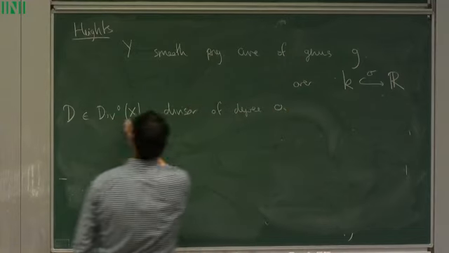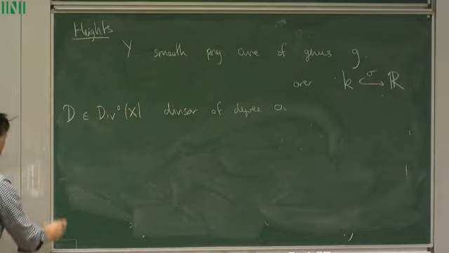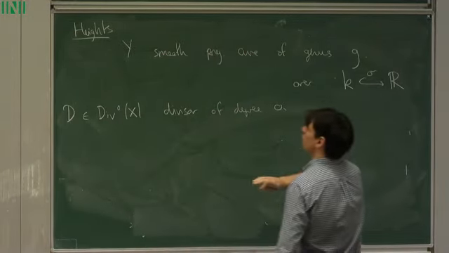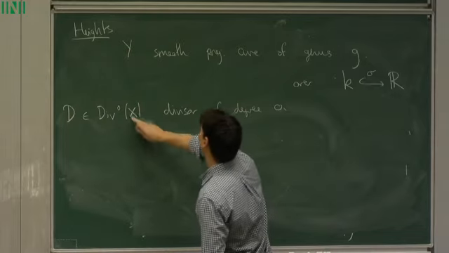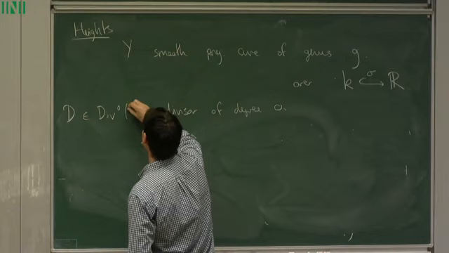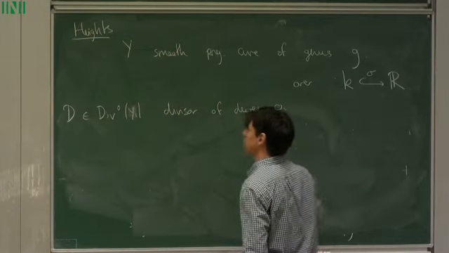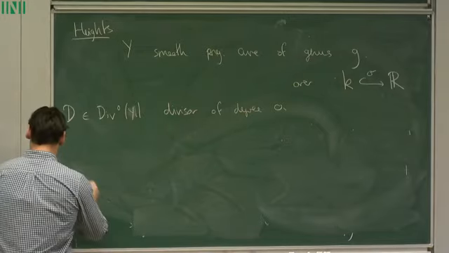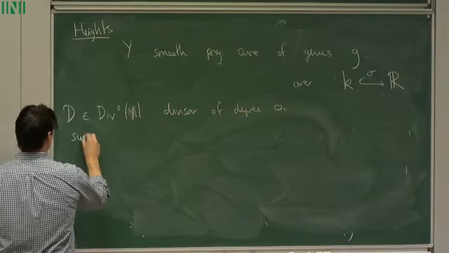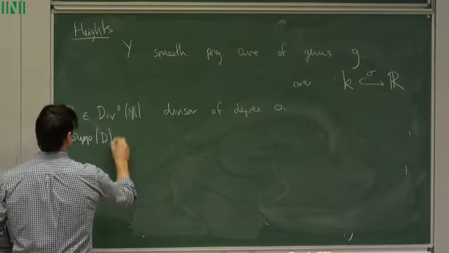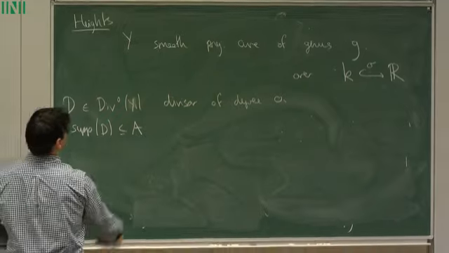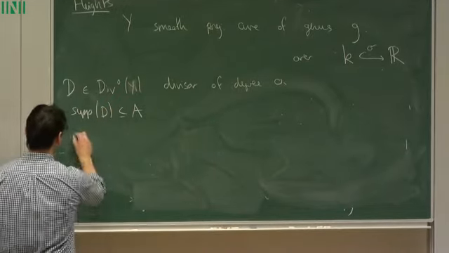That's a linear combination over Z of points on Y in some possible extension of K, such that the whole thing is Galois invariant. And then I'm going to say that the support of D is contained in A, some subscheme of dimension 0 of Y.